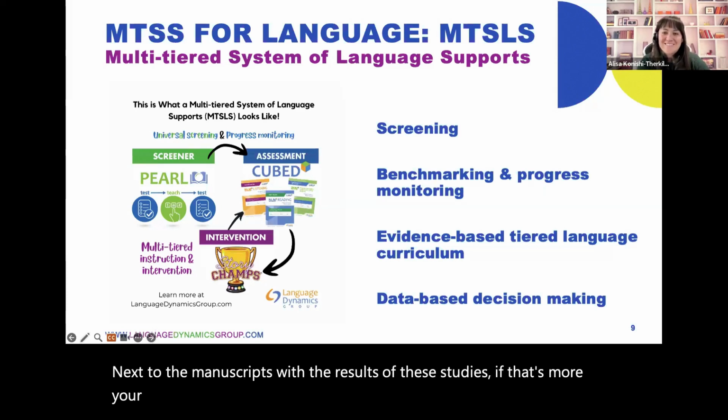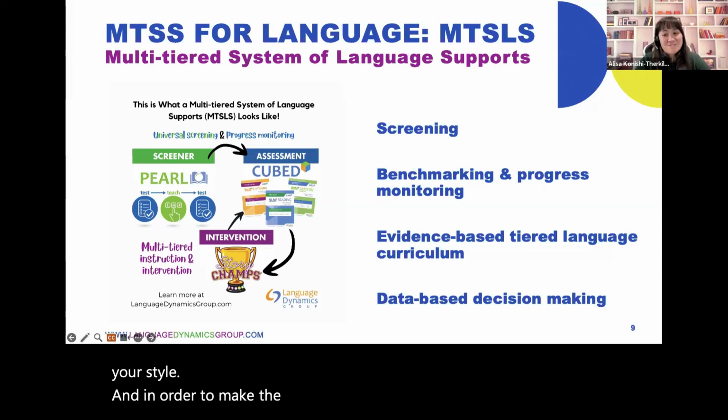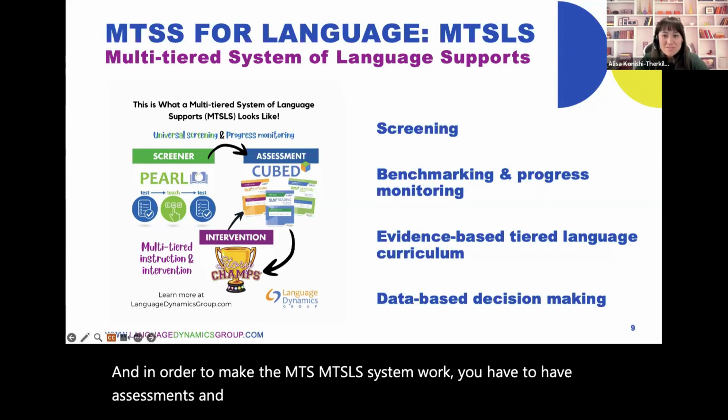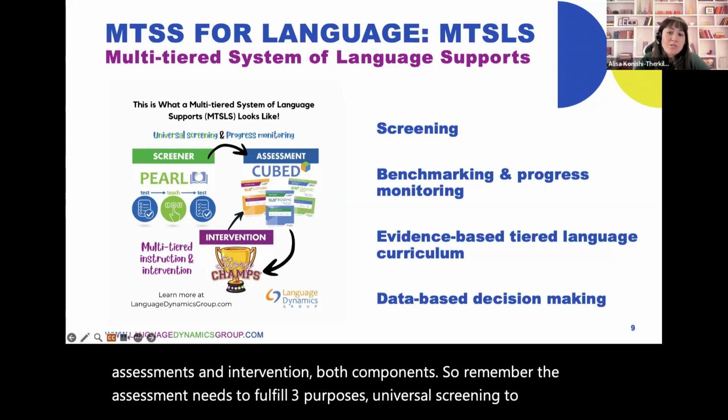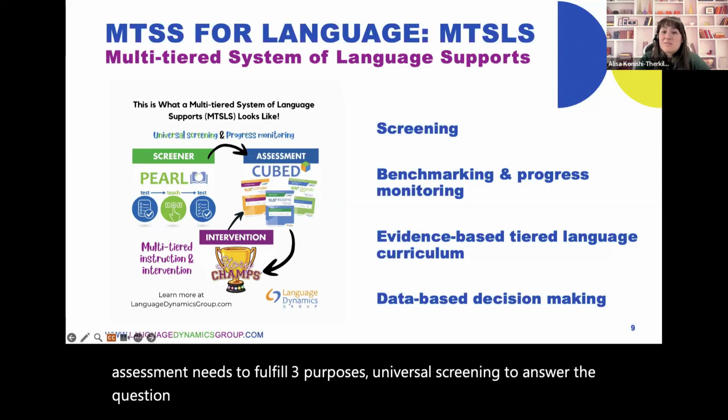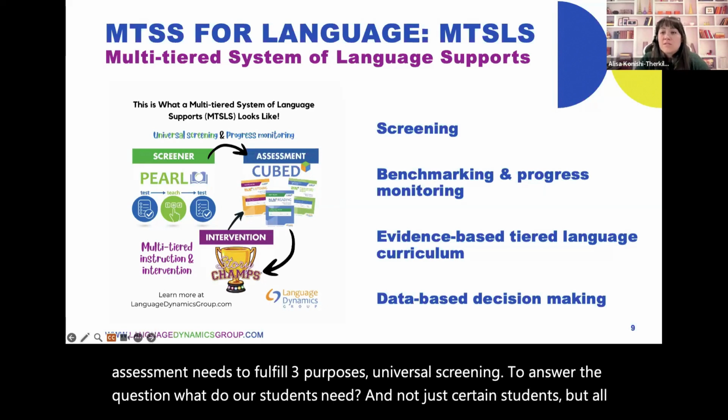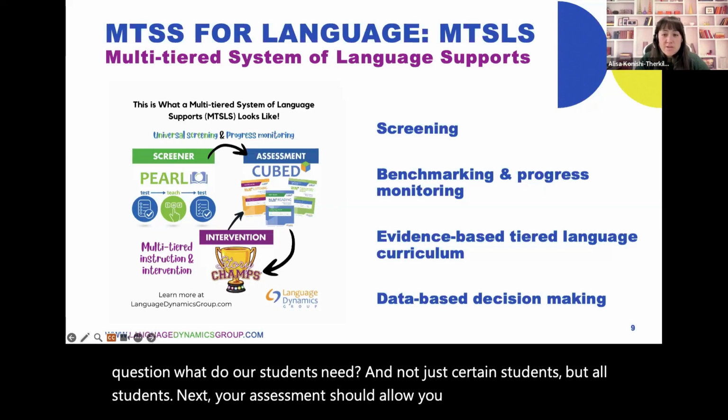And in order to make the MTSLS system work, you have to have assessments and intervention, both components. So remember, the assessment needs to fulfill 3 purposes. Universal screening to answer the question, what do our students need? And not just certain students, but all students. Next, your assessment should allow you to plan interventions.